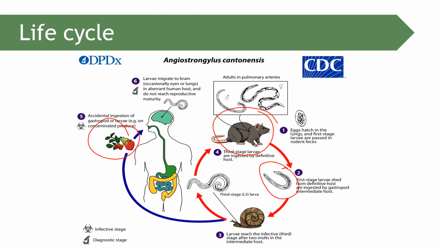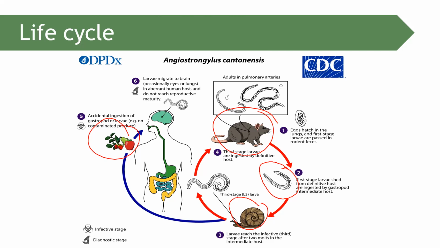Okay, so this is our third larval stage in the snail. Doon natin makikita yung ating third larval stage. And snail is the intermediate host. Itong snail, pwedeng nakain ng tao or nagkameron ng contamination ng gastropod, yung mga food na kinakain natin. Na naging dahilan kung bakit nag-develop ng infection.